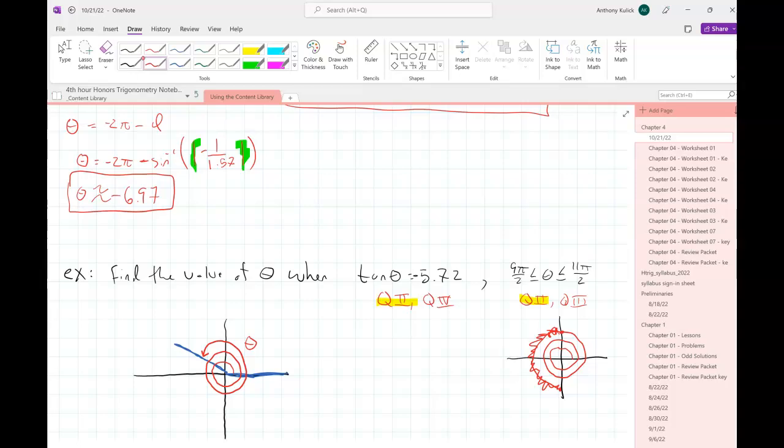Where is phi at? It's at the x-axis. This is phi this time. So how far was this? 5 pi. Everybody agree?